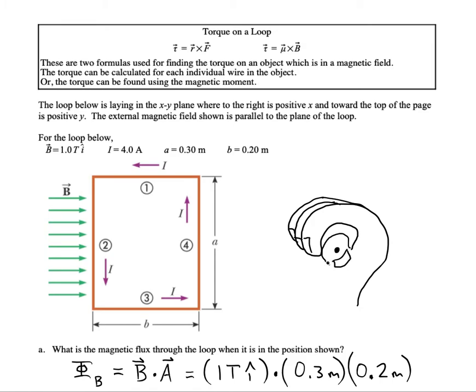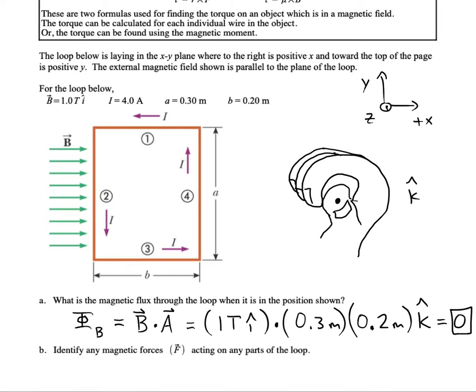I'll try to use a dot to represent that. See, your thumb points up out of the page. It's pointing in the k-hat direction if we're using the conventional x, y, and z. So that's the direction I want to put on my area vector. If you dot an i with a k, though, the result is 0 because they're not parallel at all. They're totally perpendicular.